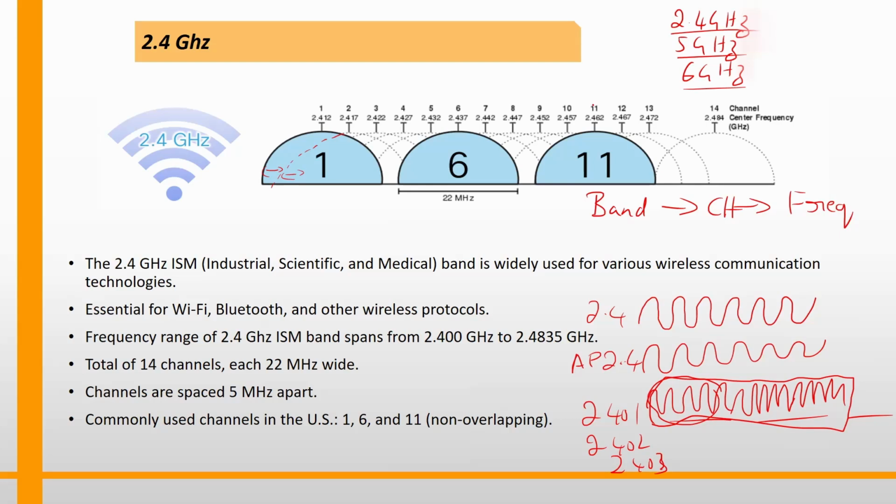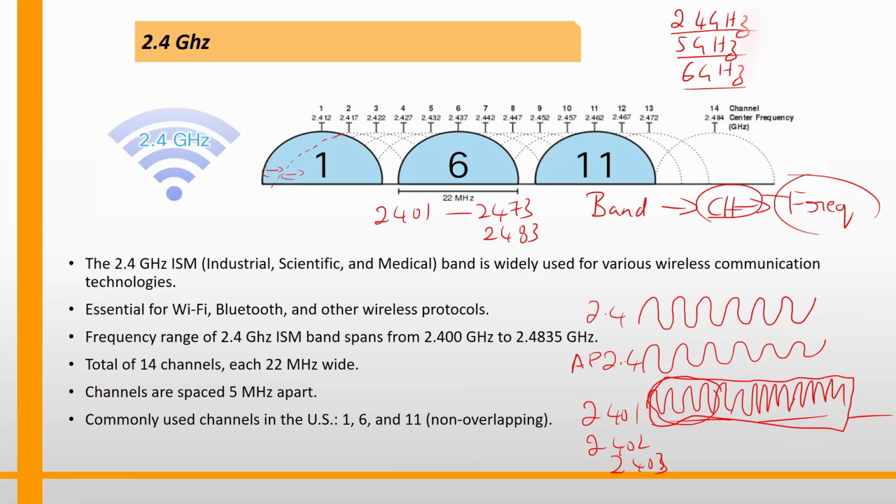The band or the spectrum is a collection of channels, and channels are a collection of frequencies. So if you take 2.4 gigahertz, there are different frequencies in it. It starts from 2401, okay, it goes till 2473 or 2483. All right, it can go from 2401, 2402, 2473.